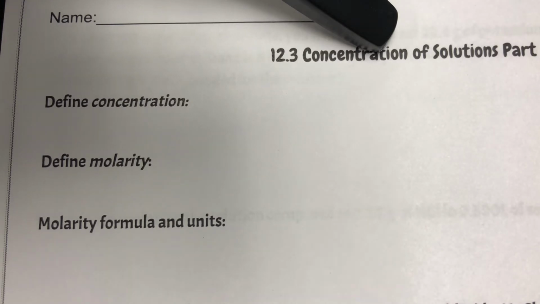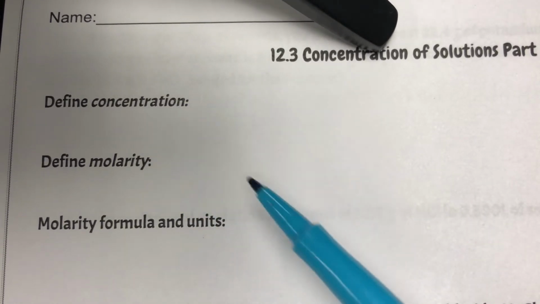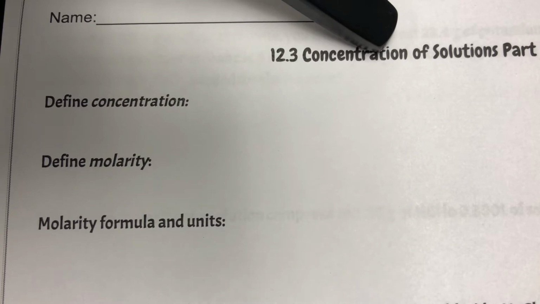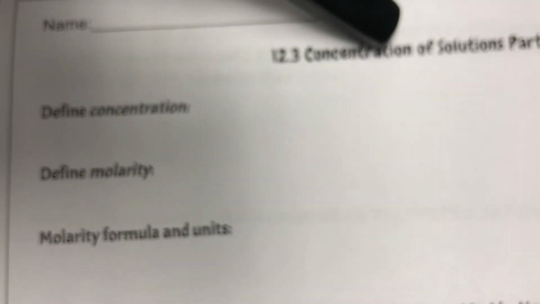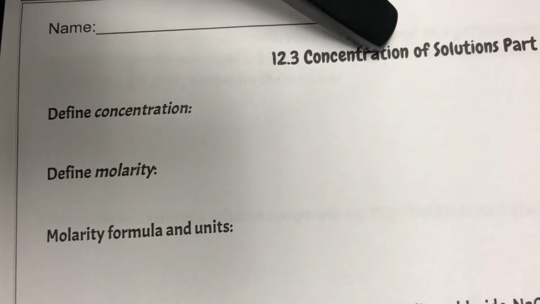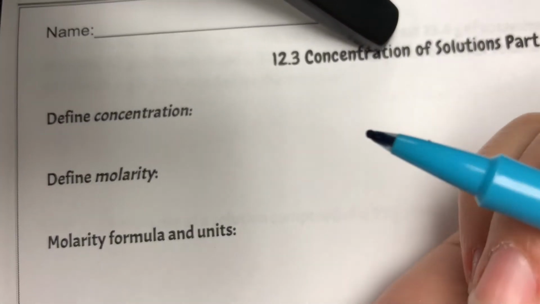So if you're looking at your notes, what you can see is that we have a few definitions and things that we're going to go over at the top, and then we're going to work some practice problems. They're just not numbered, and so those continue on the second page. Okay. So we're going to start with a definition of concentration.